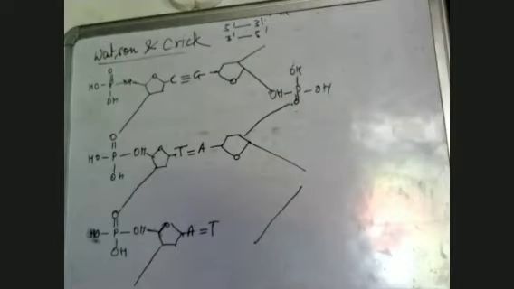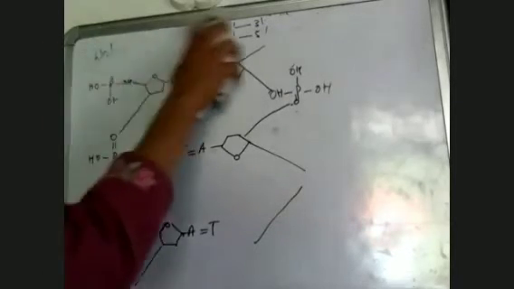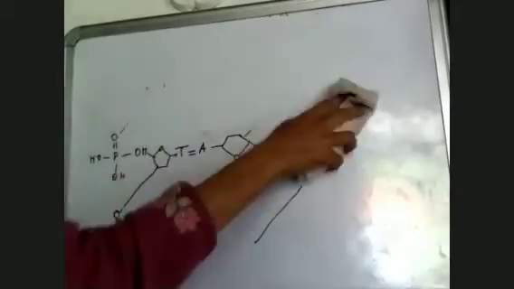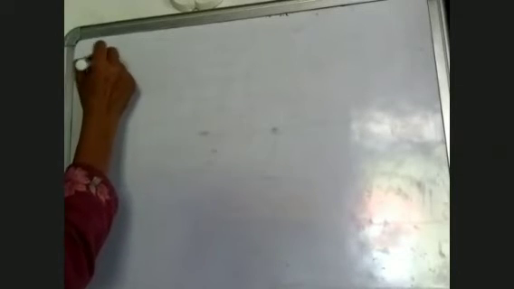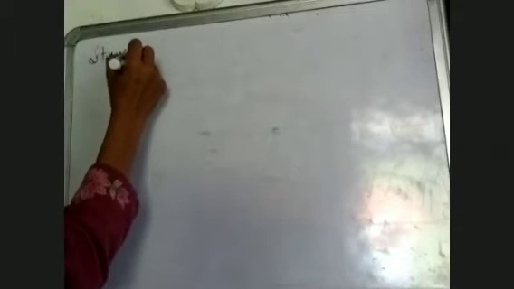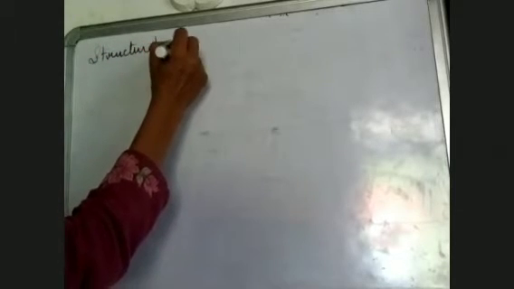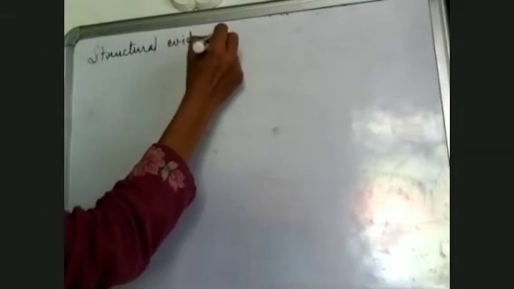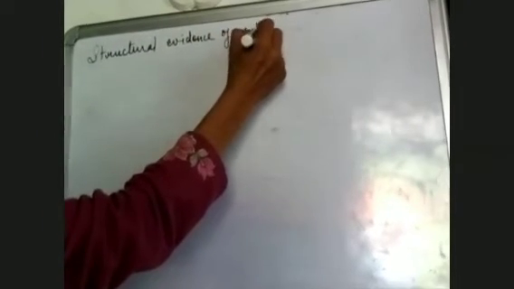Then there was another researcher, his name was Erwin Chargaff, who gave structural evidence of the Watson and Crick model.